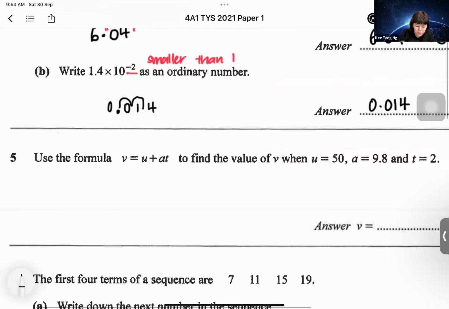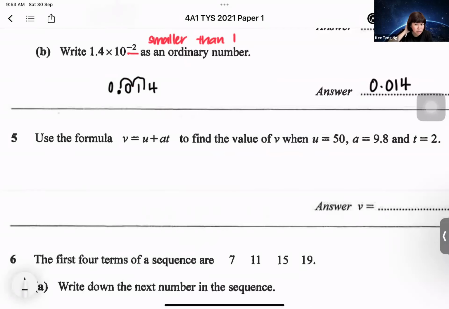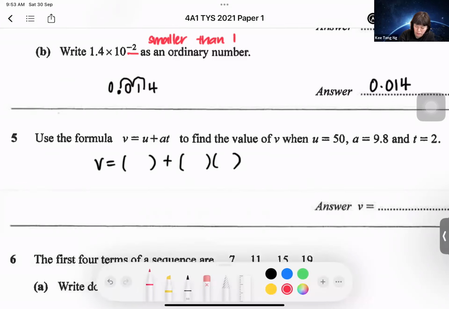Next question. Use the formula to find the value of V where U equals this and this. V equals U plus A times T. When we have something like that, the bracket actually means multiplication. So what is the value for U? U is 50, so we have 50.